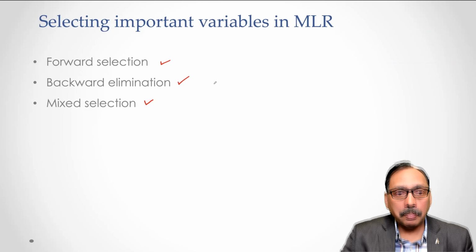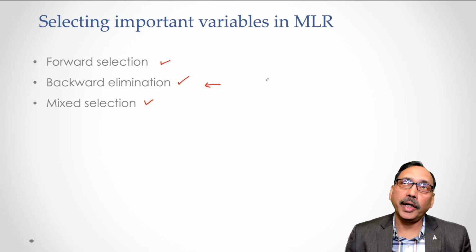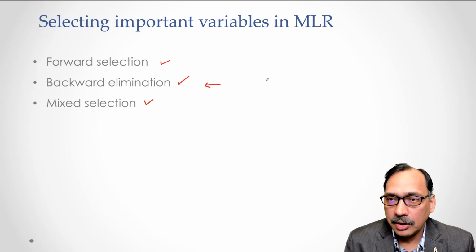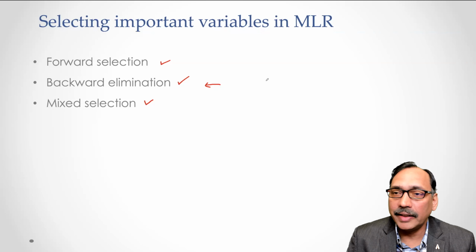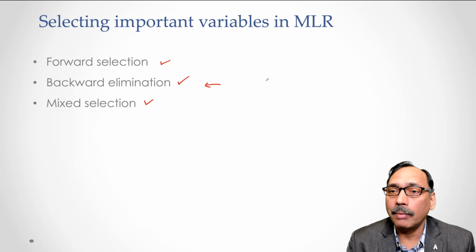One place where backward elimination is unlikely to work is where you have a data set where the number of rows is much smaller than the number of columns. Typically there is a rule of thumb that if you want to create a regression model, let's say with one variable, for that one variable you should have at least 10 rows of data. So if you have 10 variables, at least 100 rows of data.